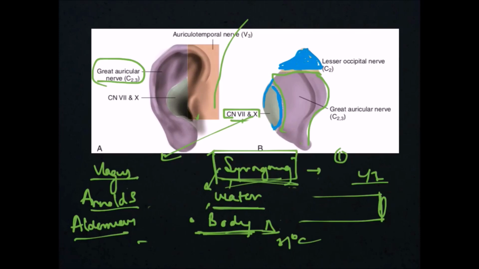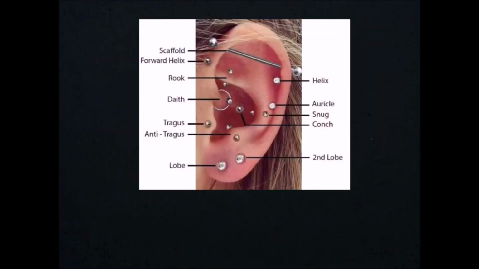There is one more very important topic related to the nerve supply of the pinna. We are going to see it. You can see this is the piercing of the ear. Now this has become quite a fashion. In earlier days we used to do piercing of the ear in the lobule. Why in the lobule? Because the lobule is fatty, so when we do the piercing it is not that painful.